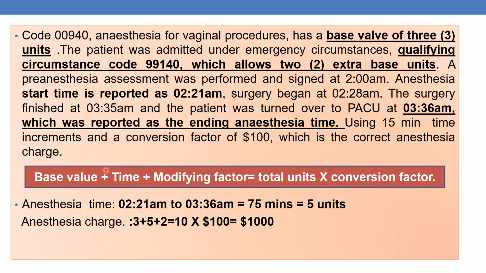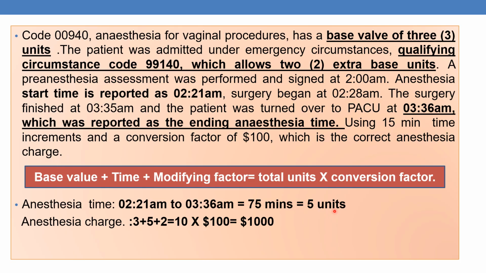Here we all know the formula is base value plus time plus modifying factor, which gives total number of units. That total number of units into conversion factor will give the anesthesia charge. So first we'll calculate anesthesia time. The anesthesia start time is reported as 2:21 a.m., so from 2:21 a.m. to 3:36 a.m., which is the end anesthesia time, that leads to 75 minutes.